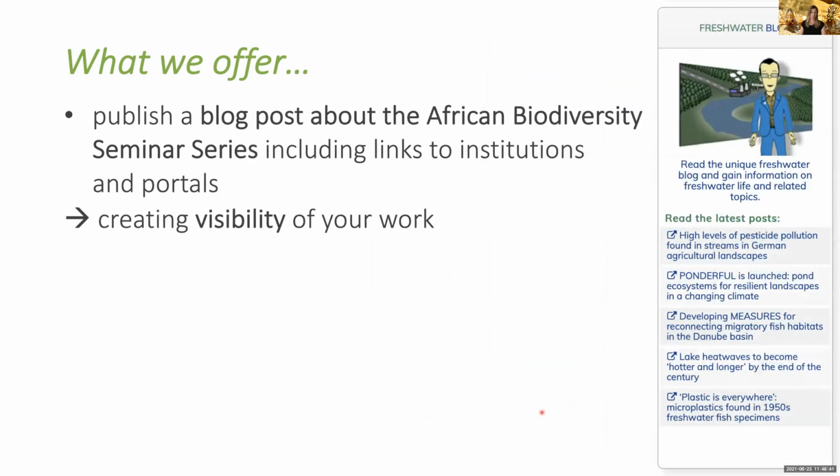And what we also offer, and what I really want to do, is to publish with you together a blog post about this African biodiversity seminar series, because I really think it's a good cooperation and a good network. This will again create visibility of your work and increase the traffic to your portals and so on.